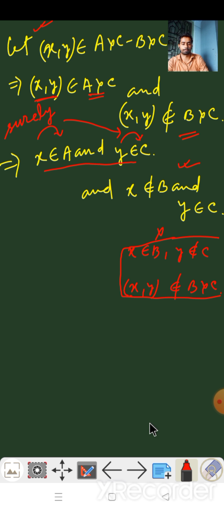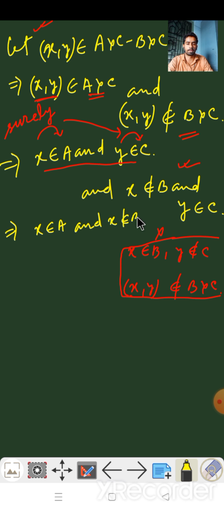Which implies that x belongs to A and x does not belong to B and y belongs to C.